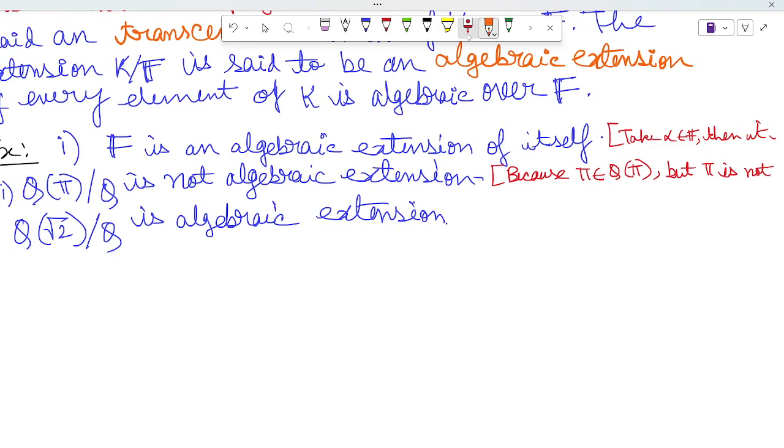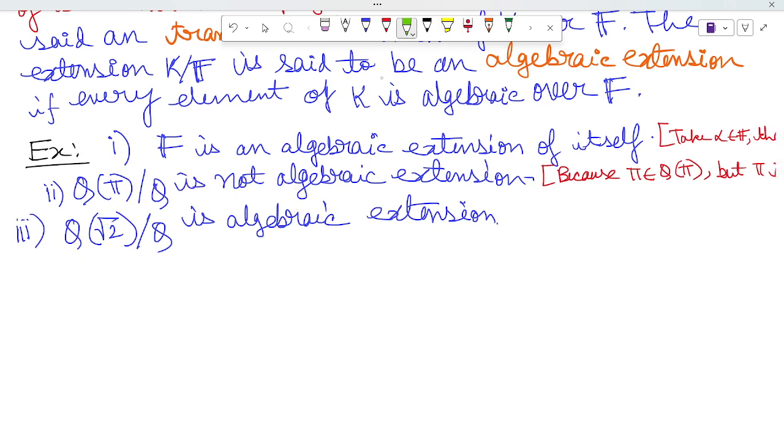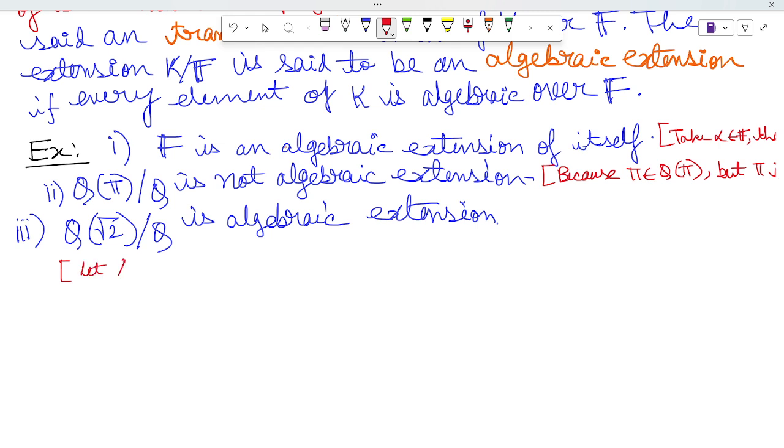Okay. Now we need to show that Q(root 2) is an algebraic extension. Why? Because what will be the elements of that thing? Q(square root 2) will have elements a plus b root 2.